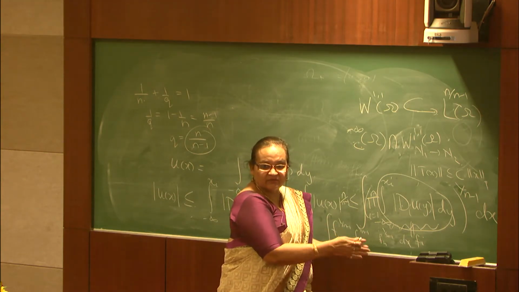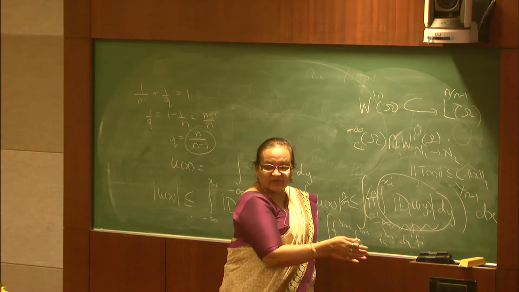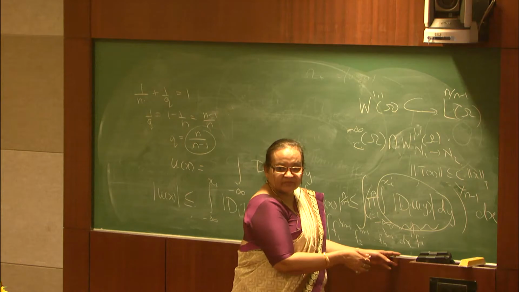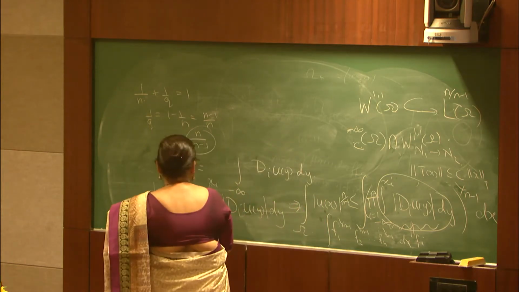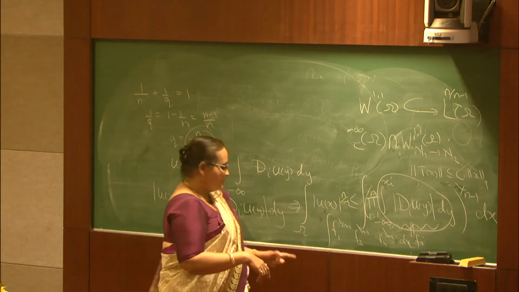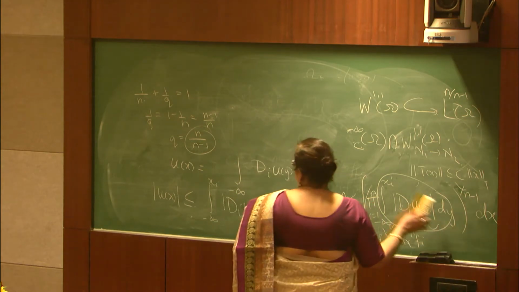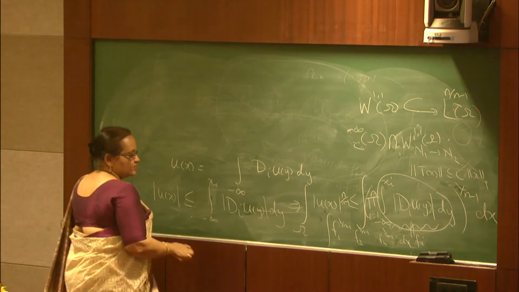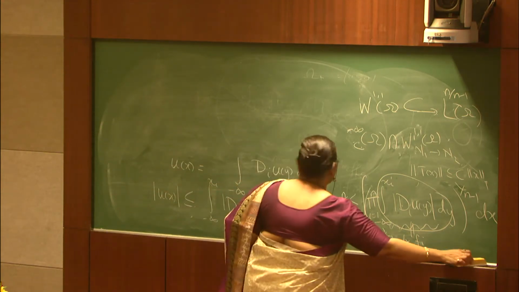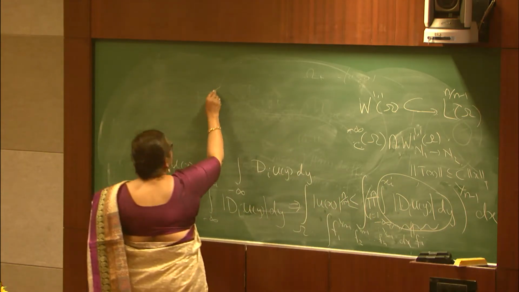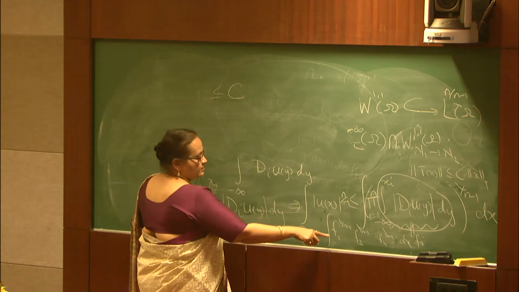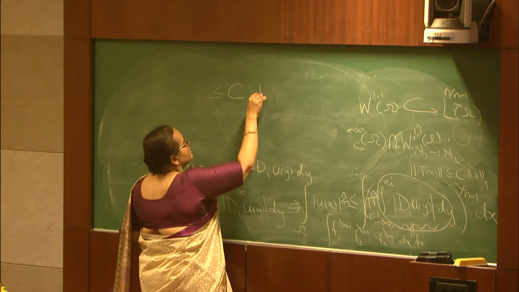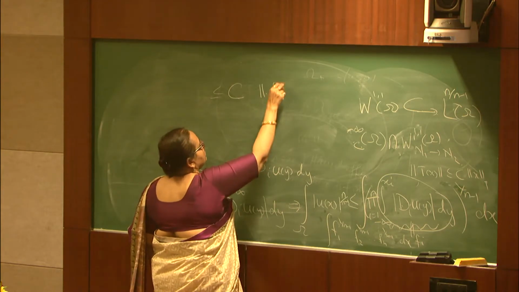I can think of it as two separate functions, a product of one more, and I can still do it. So then you will get immediately each of this is less than or equal to c times each of these fi.